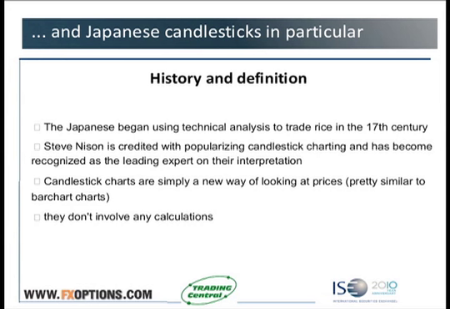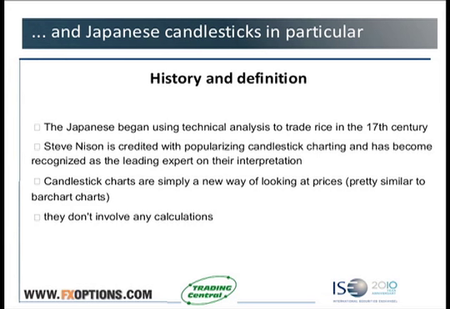Just to see the history and definition of Japanese candlesticks: the Japanese began using technical analysis, using Japanese candlesticks, to trade rice in the 17th century. As I said, Steve Nison is credited with popularizing candlestick charting. He has become recognized as a leading expert on its interpretation. Japanese candlestick charts are simply a new way of looking at price.